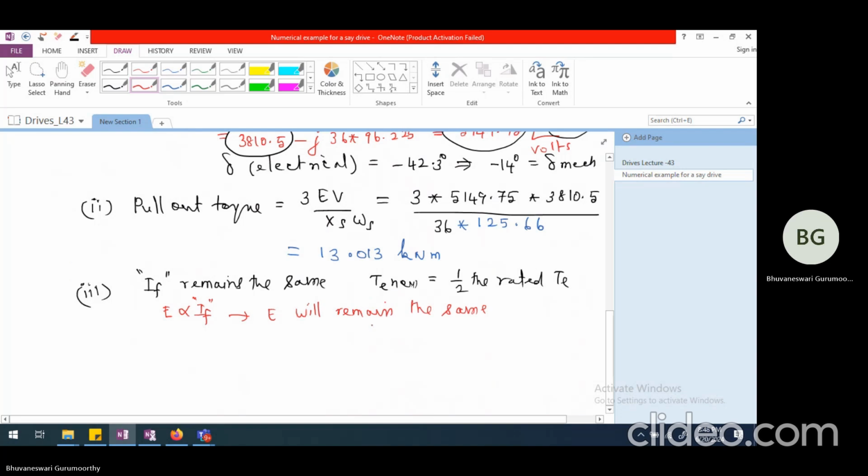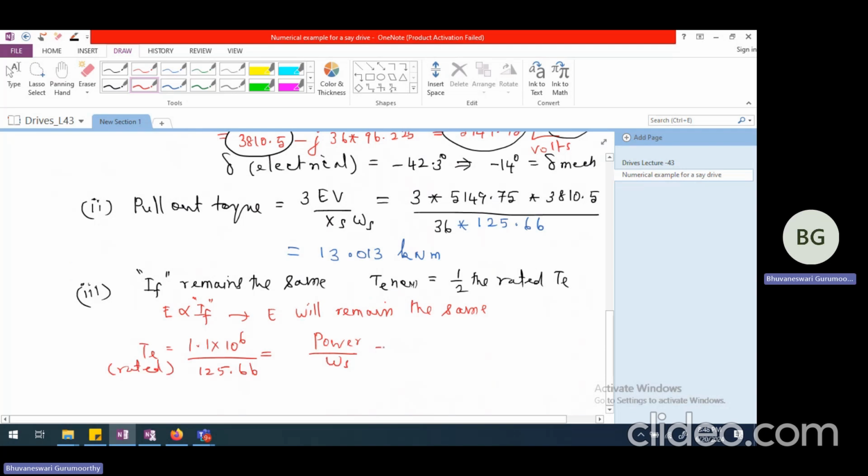Okay. Now, if E remains the same and torque is half the rated torque, 1.1 multiplied by 10 power 6 divided by 125.66. That is power divided by omega S. This is what is the torque. So this is the rated torque.